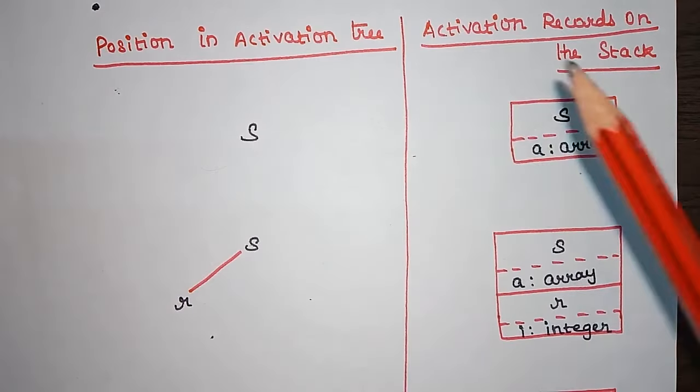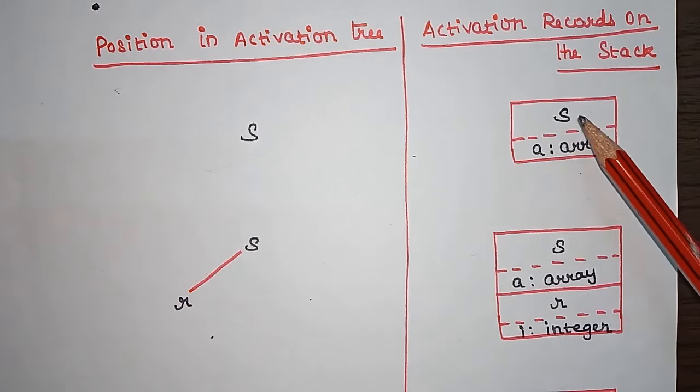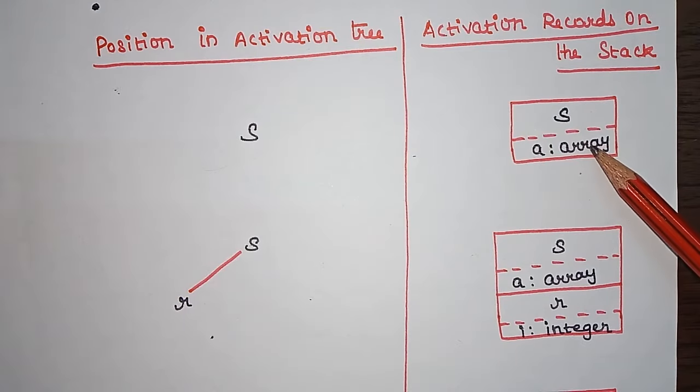So what is happening here? A frame is created for S, and this procedure contains some array. So we have an activation record that contains the procedure and the array that is present inside it.